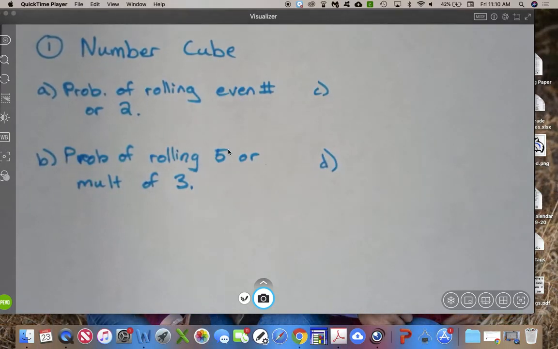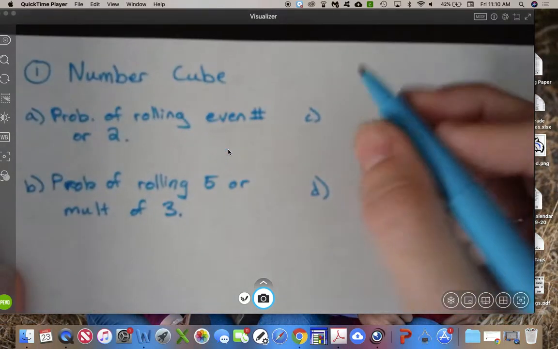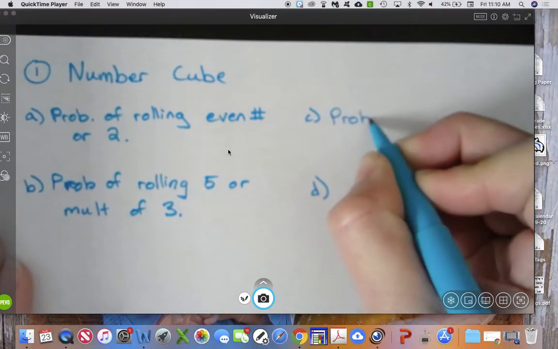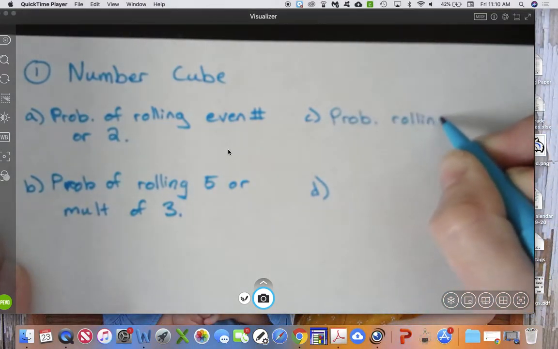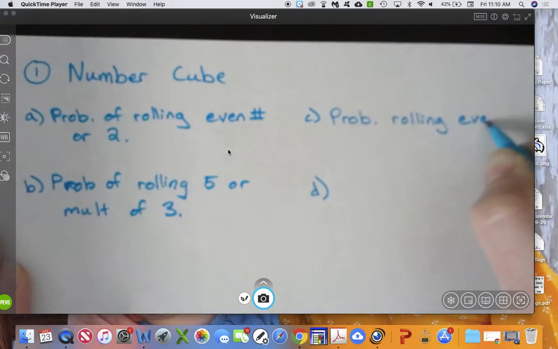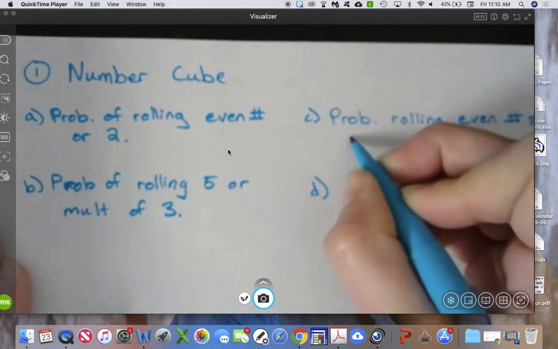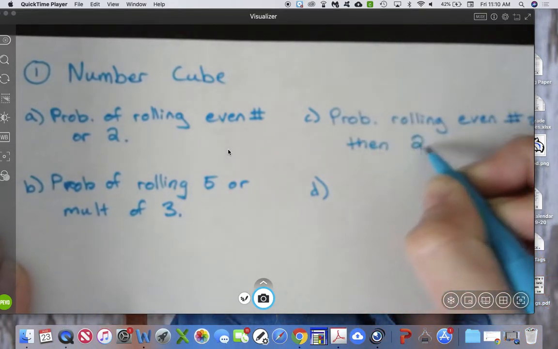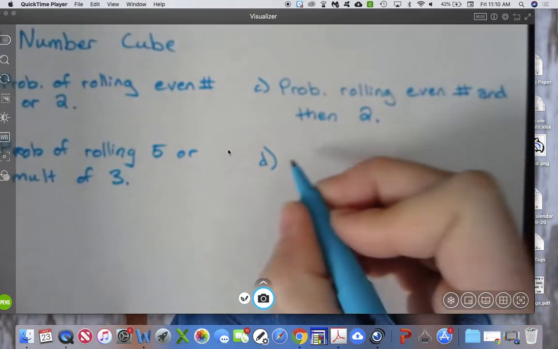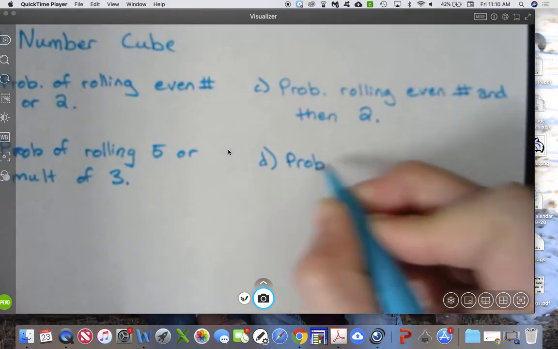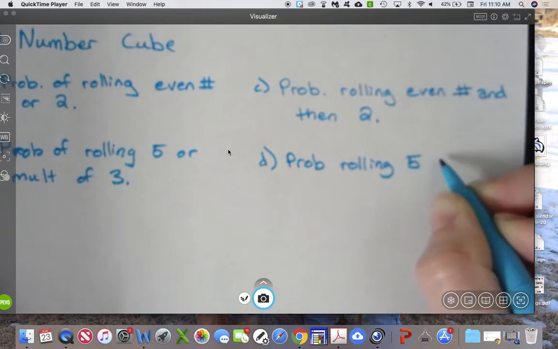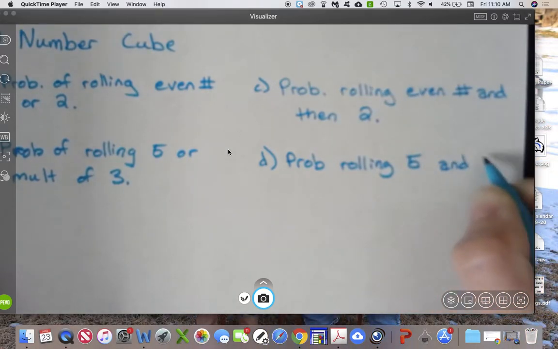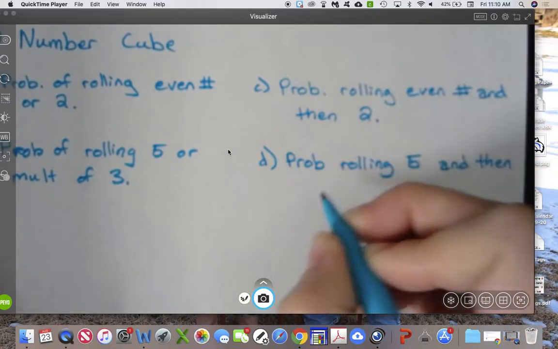Okay, part C. This one is going to be the probability of rolling an even number and then a 2. And this one is going to be the probability of rolling a 5 and then a multiple of 3.